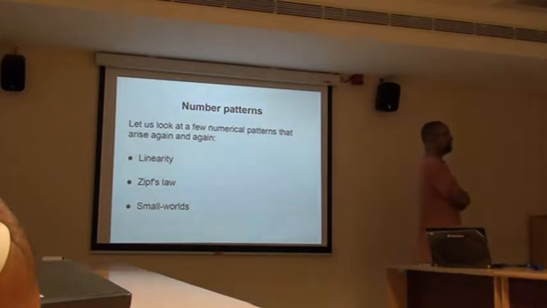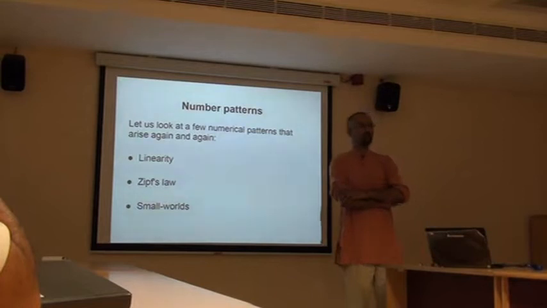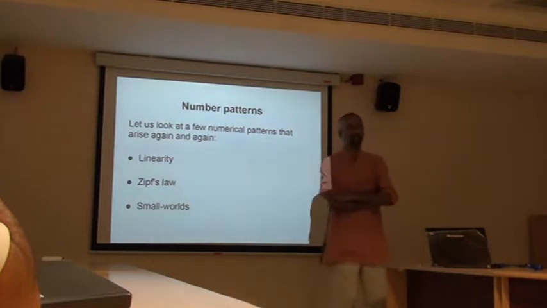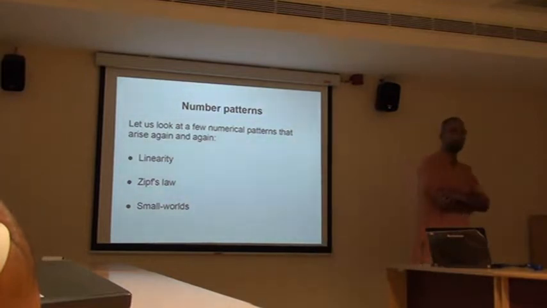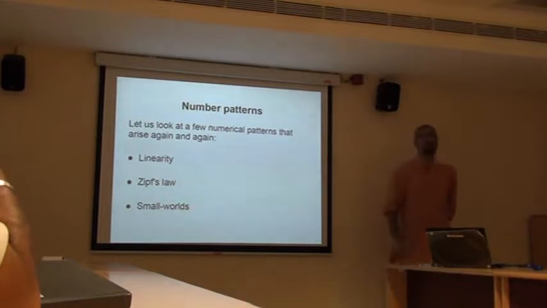Meaning, the probability of a new node in the network being attached to one of the old nodes is proportional to the current link strength of that node. So given that I have 1,000 links already, if the probability that I will get a new link is proportional to the number of links I already have, that will immediately generate for you a Zipf's law type of network.